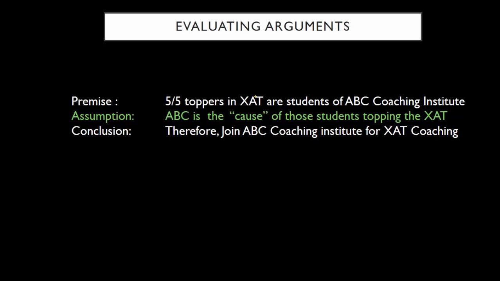That makes sense, right? The conclusion is saying you have to join ABC Coaching Institute because there are toppers. Obviously, the argument is assuming that the reason why they became toppers is because of the coaching provided by ABC. That's not explicitly mentioned, but it is an assumption that is necessary for the argument to make any sense.